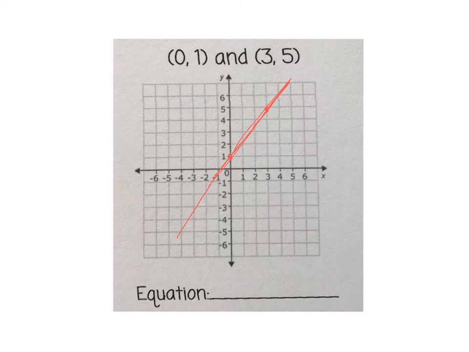All right, so let's go ahead and clear our list. I'm going to hit second, plus 4, and enter. That cleared my list. I'm going to go to stat. I want to edit. I'm going to put in my 0, 1 and my 3, 5.